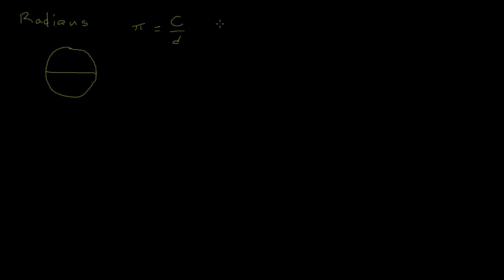And so if you have to find circumference, that's multiplying this definition for pi by diameter on both sides. You get circumference is pi d. And we know that pi is about 3.14. We'll just use two decimal places, about 3.14.